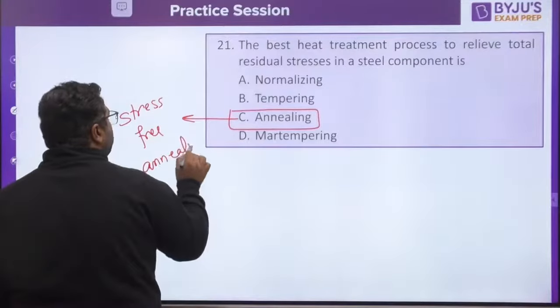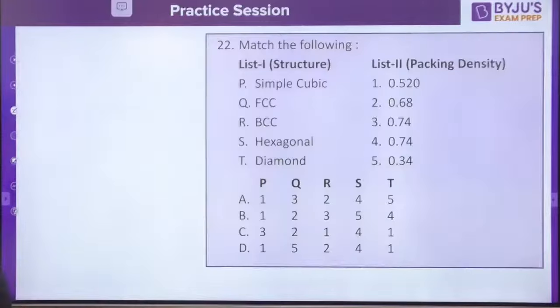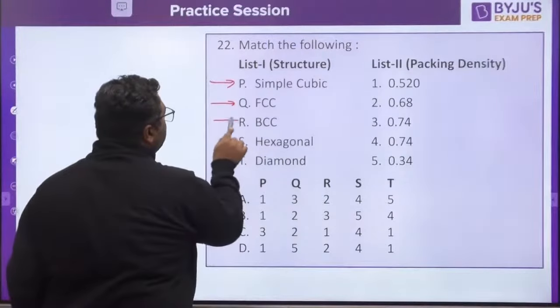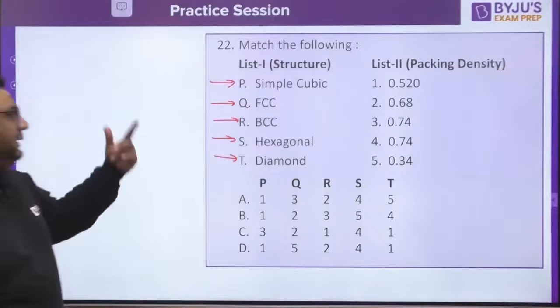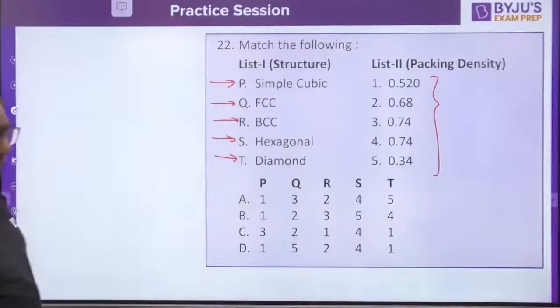Okay, the last question in front of you is from crystal structure. Simple cubic, face centered cubic, body centered cubic, hexagonal and diamond. These are the packing densities mentioned.